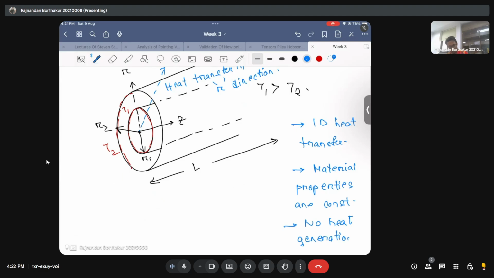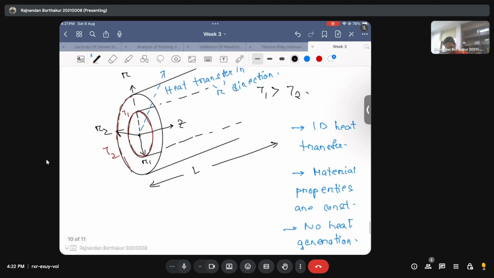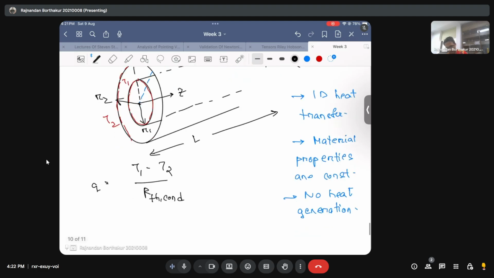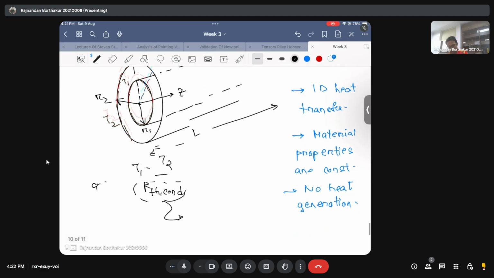So in that context, I hope you have seen the derivation in the class. You can write your rate of heat transfer as, let's say, small q equals T1 minus T2 divided by R_th of conduction, but now this R_th of conduction is not going to be L by KA, because this is no longer a Cartesian geometry. This is a cylindrical geometry.